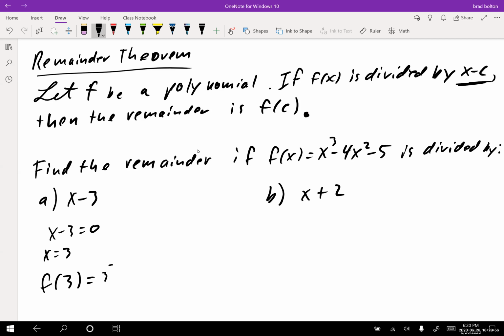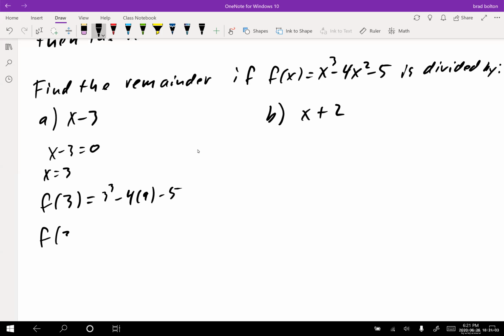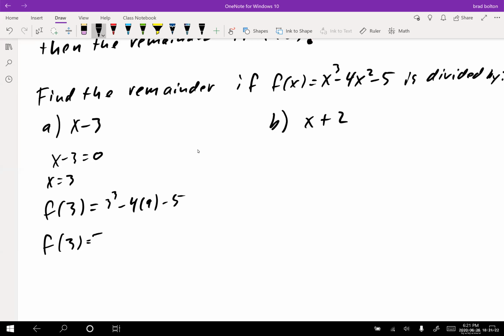So this would be 3 cubed minus 4 times 9 minus 5. And this would be f of 3 equals what, 27 minus, well, let's do this, I don't want to mess it up. 27 minus 36 minus 5. And I get negative 14. Okay, so that's correct, negative 14.